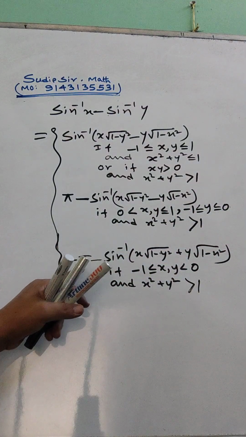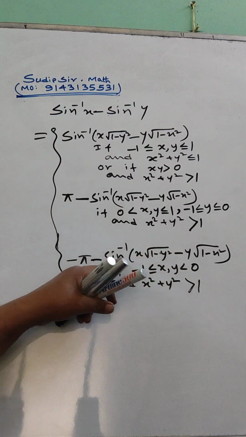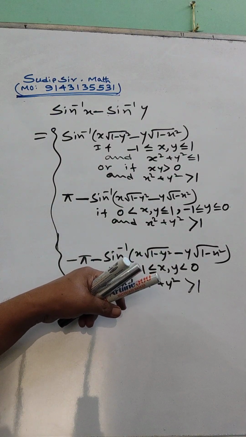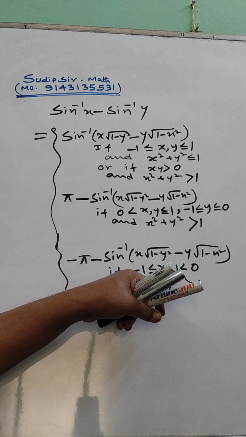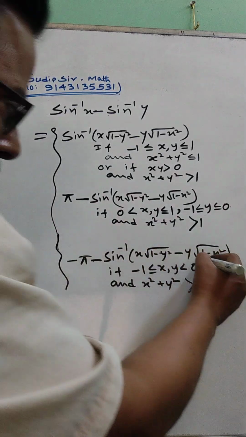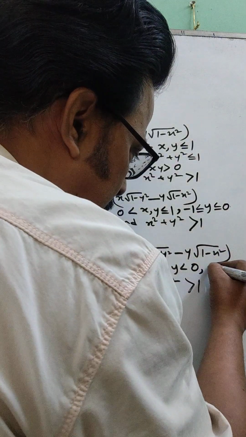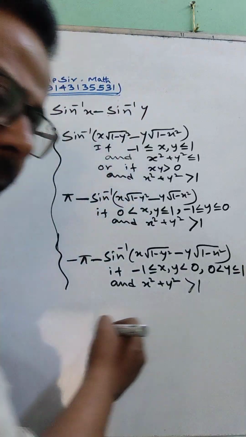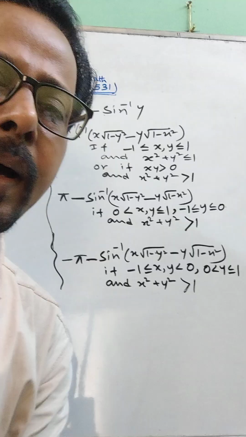And the third condition, −π minus this, will be minus, and the condition will be −1 to 0 for x, and 0 < y ≤ 1, and x² + y² > 1.